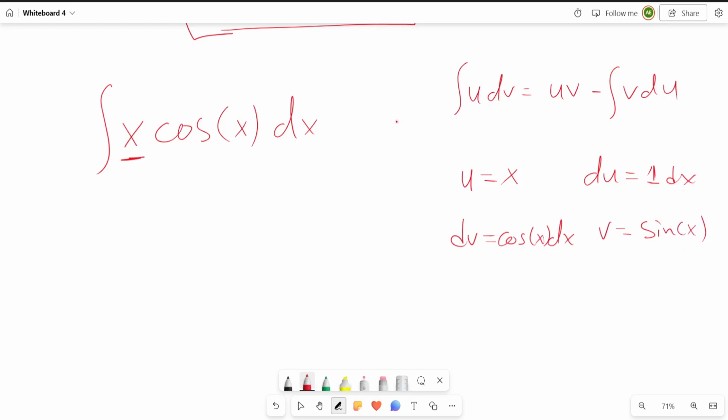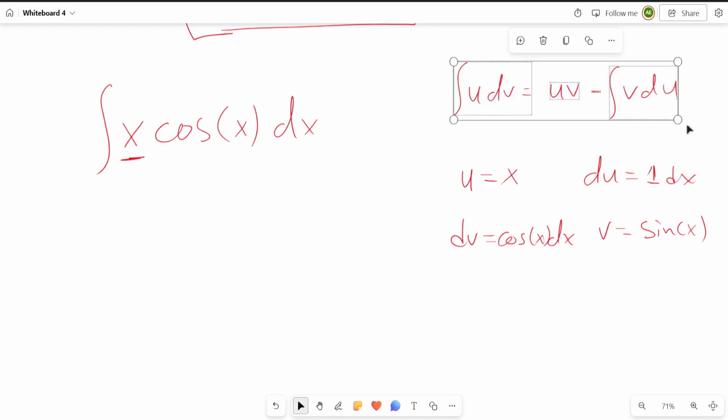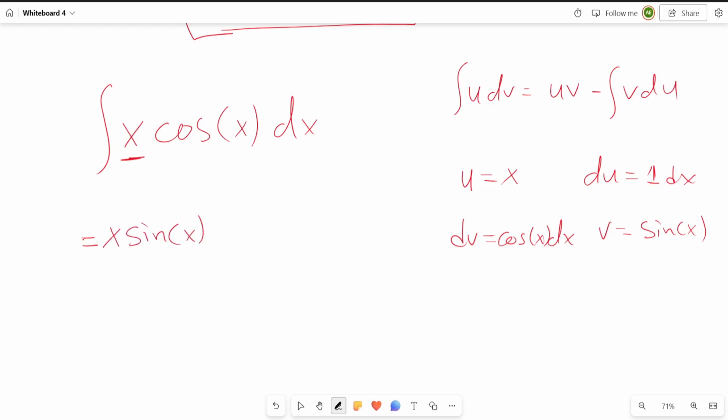Now let's use the formula in order to solve. Let me copy this. So from here we can say that this is going to equal uv, so it's x sine x minus integration of v du. So my v is sine x, my du is 1 times dx.